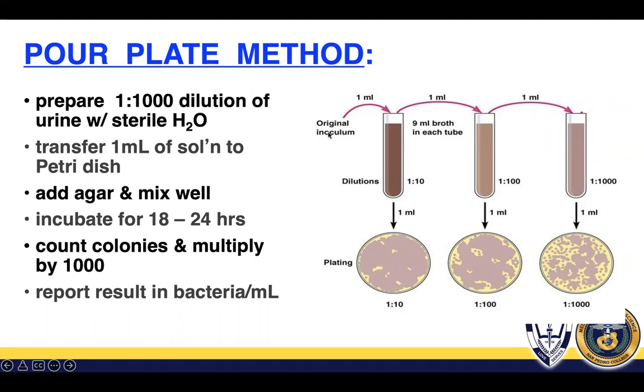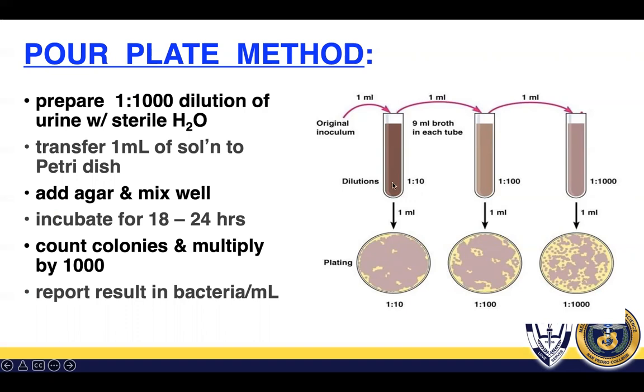Starting with your original inoculum, collect 1 ml of urine and transfer it into a tube containing 9 ml of sterile distilled water, or you can use broth, but it depends on the SOP of your laboratory. If you are using sterile distilled water for your pour plate method, then go with that procedure. So 1 ml of your urine sample combined with 9 ml of sterile distilled water makes a 1:10 dilution.